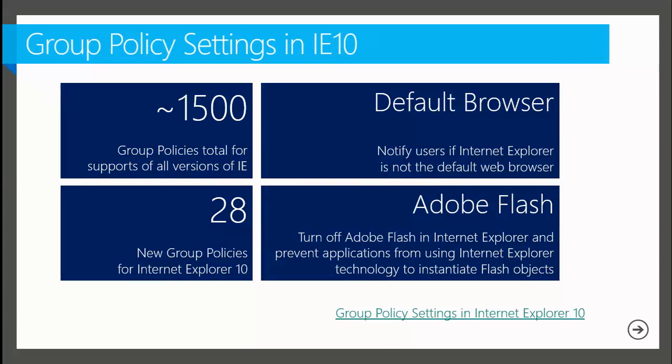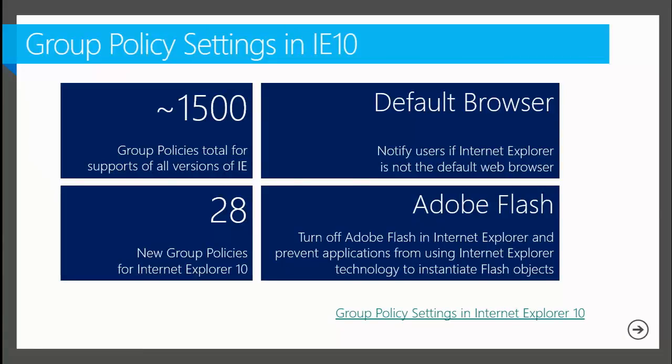Now, there's one other thing I wanted to mention about this, and that's there are a couple policies that I call out here. Default browser is one. It'll call out whether or not Internet Explorer is the default browser. There are an increasing number of commercial customers who are opening up to new devices or other operating systems, other browsers.